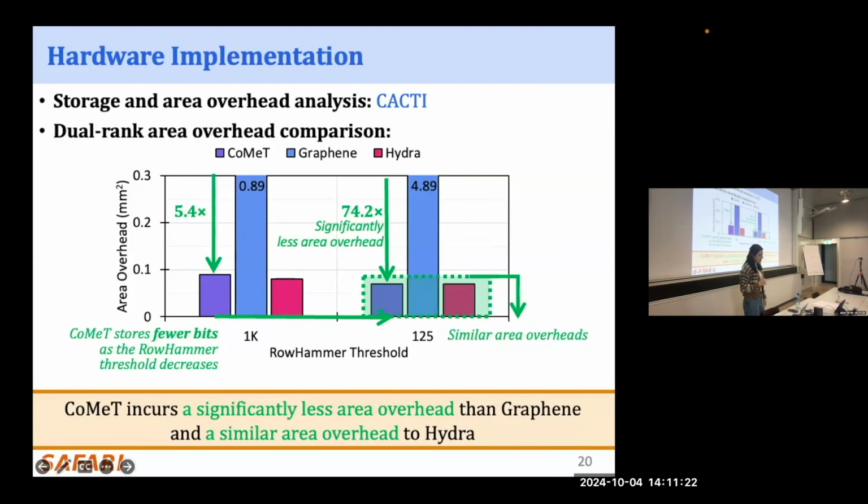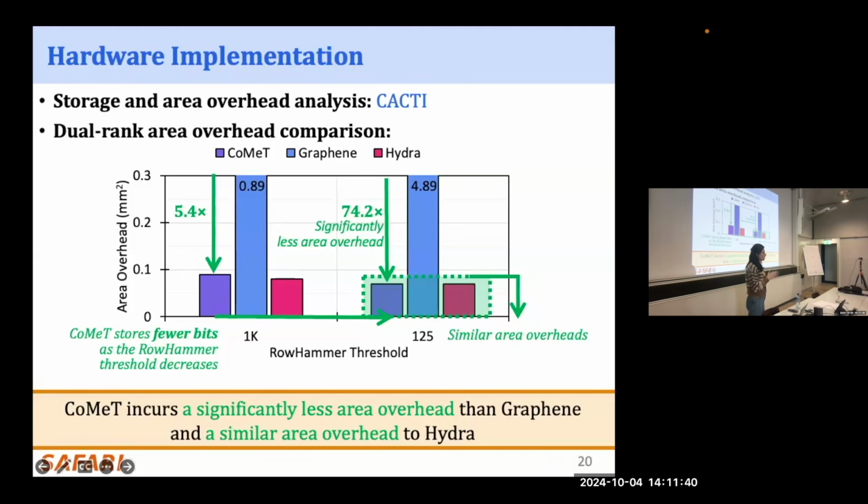Let me explain the other mechanisms first. When we increase the number of aggressors, the other mechanisms basically need more counters because the aggressors are increasing significantly.